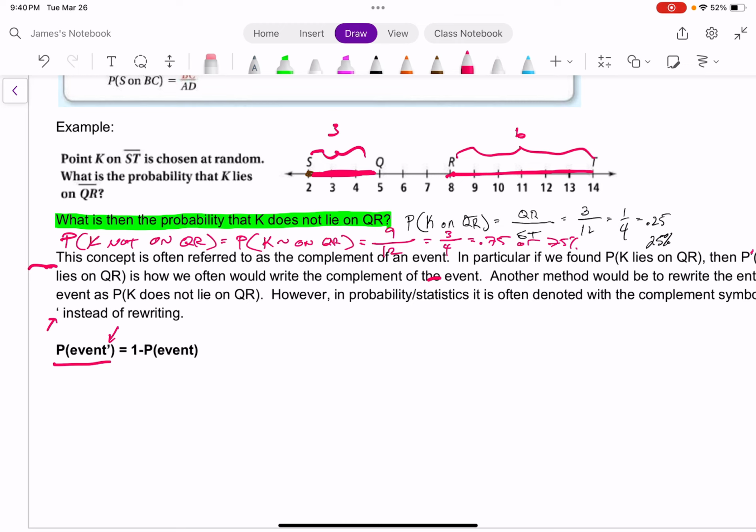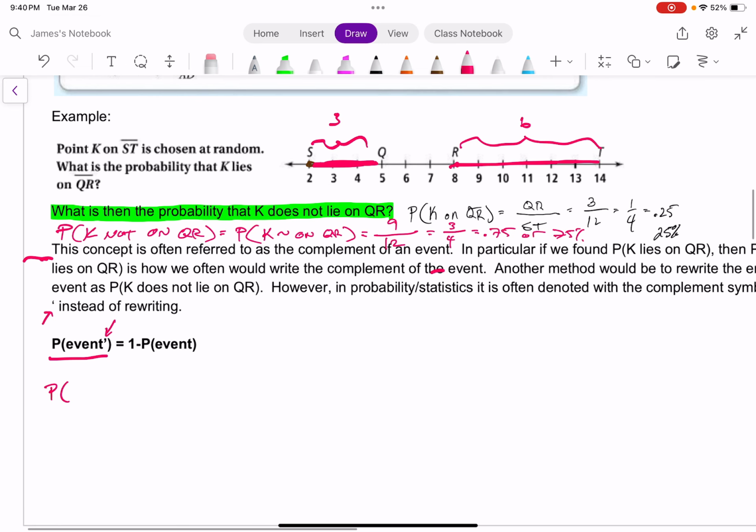simple here. If I say the probability of picking, let's say, a number from a deck of cards, okay? So when I pick out my deck of cards, 52 cards, and I'm going to pick out a number. Well, let's think about this.